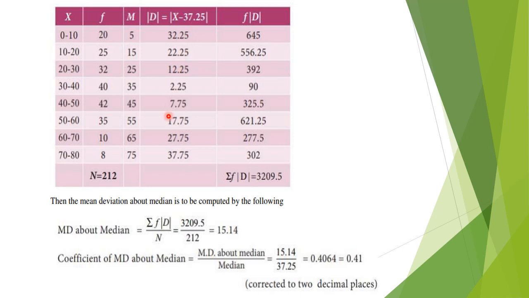The mean deviation is 15.14 and the median is 37.25. With the help of a calculator, we get 0.4064, which is 0.41 corrected to 2 decimal places.